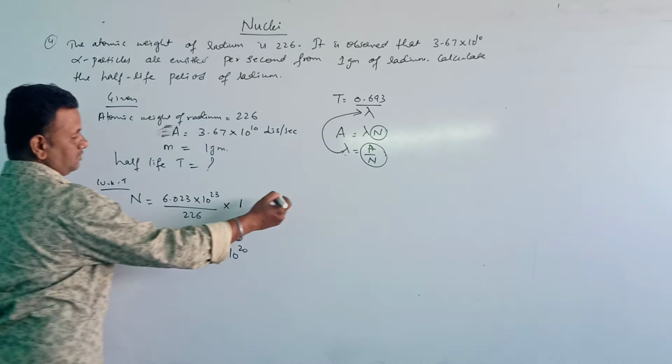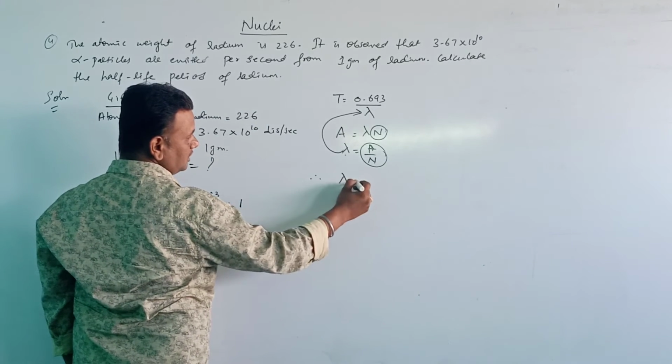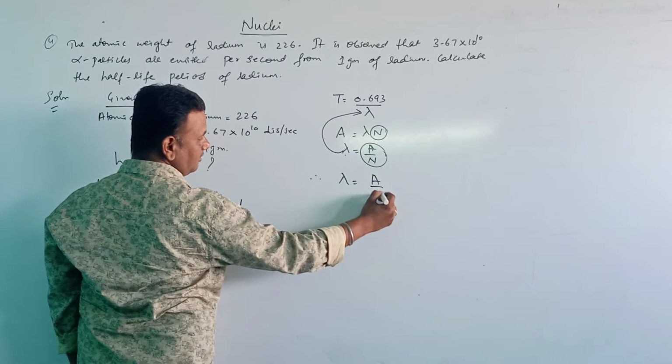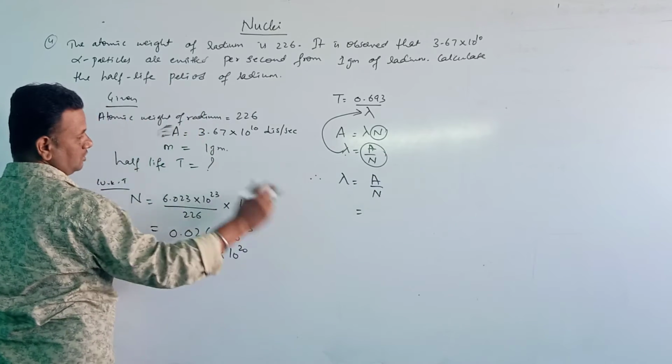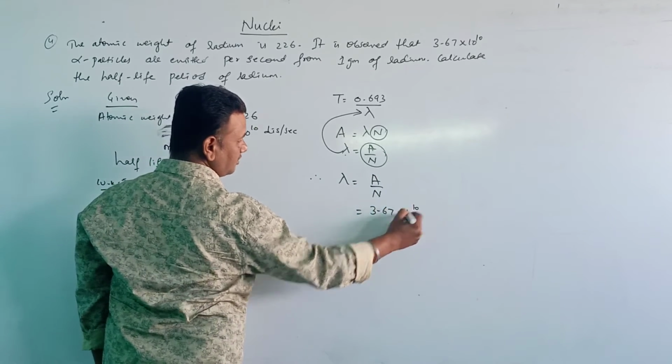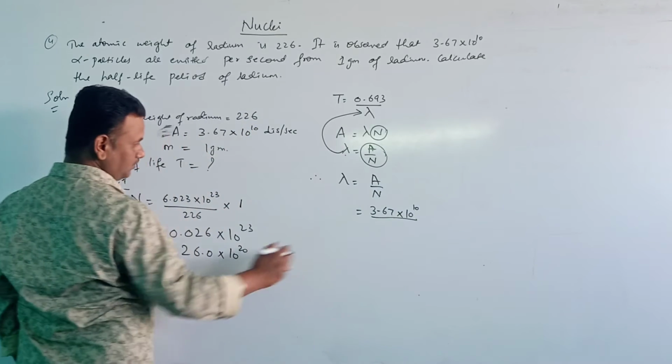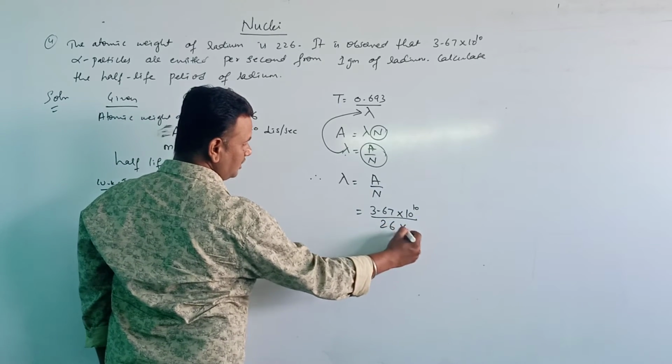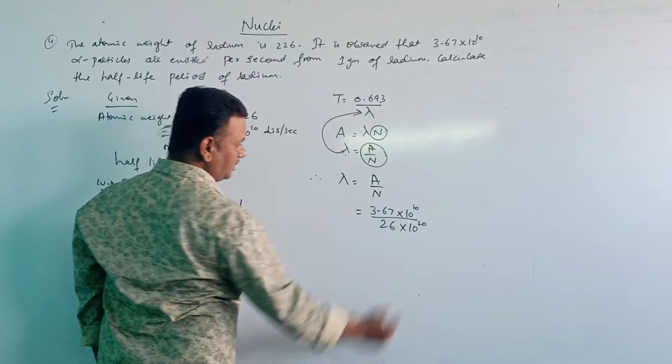Now therefore lambda is equal to A by n. A is 3.67 into 10 to the power of 10, divided by the n value, 26 into 10 to the power of 20.